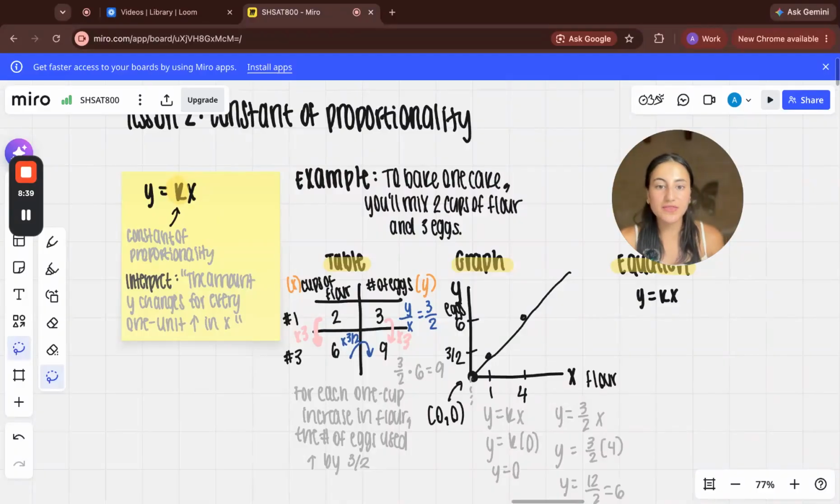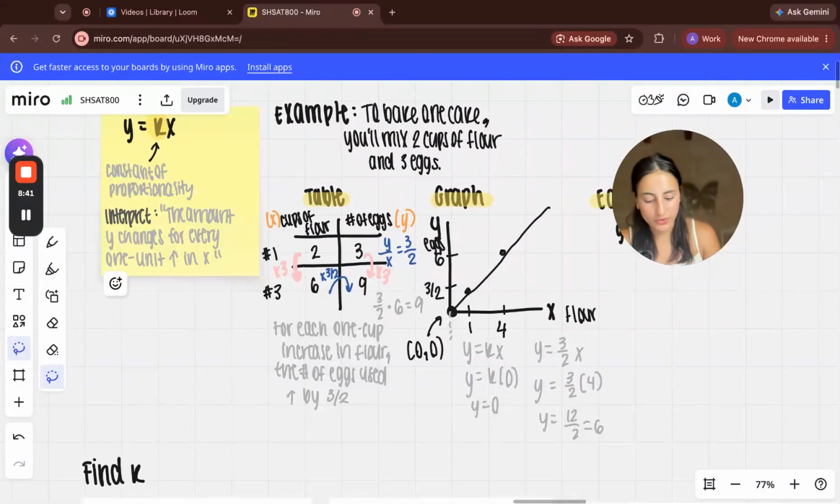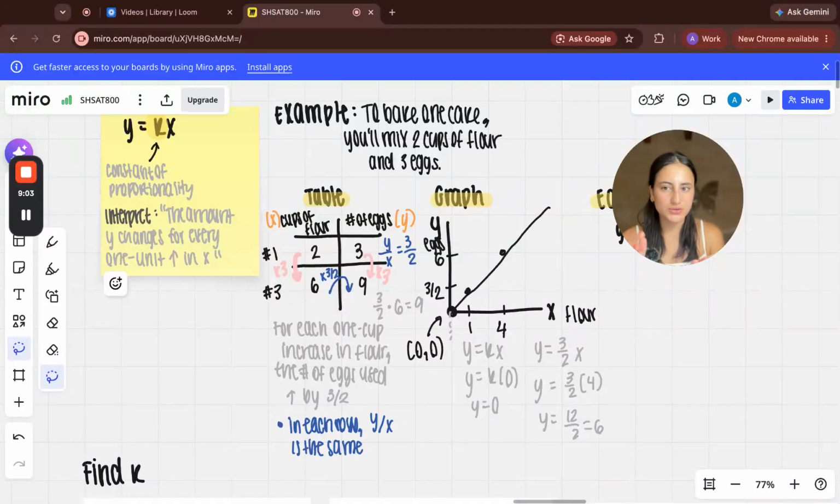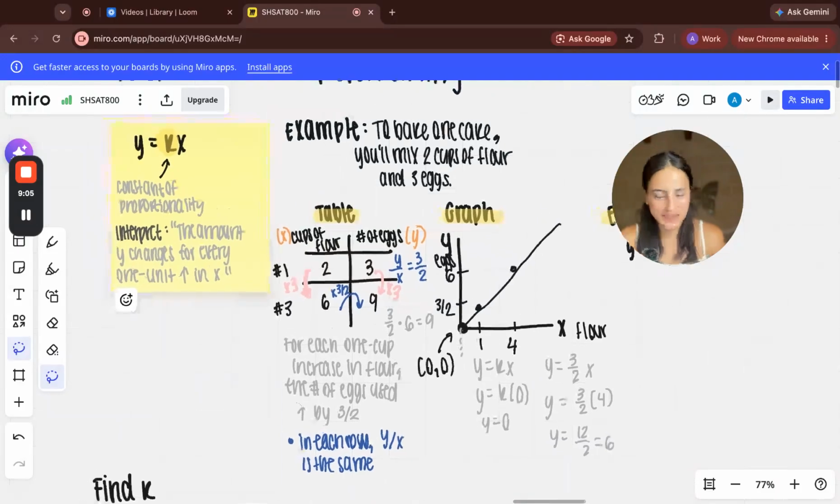So these are the things you want to look out for in a table and a graph. First, for the table, you want to make sure that y over x in each row is the same, because that means k is the same throughout, which is why this equation works.